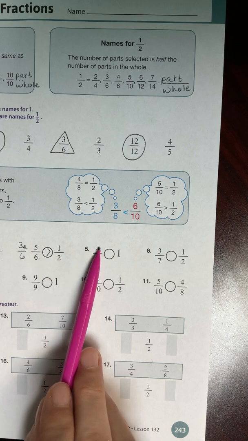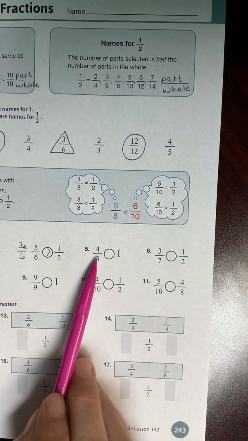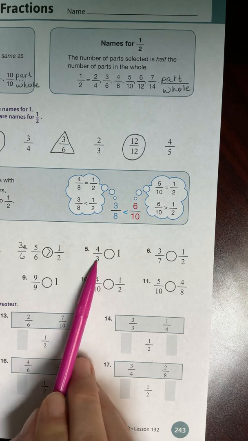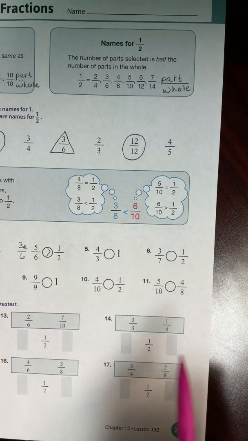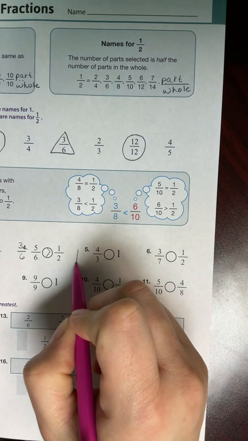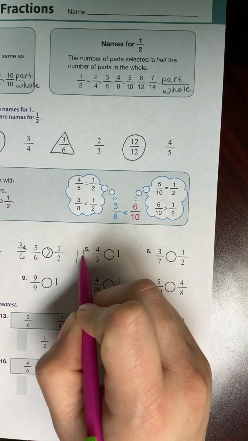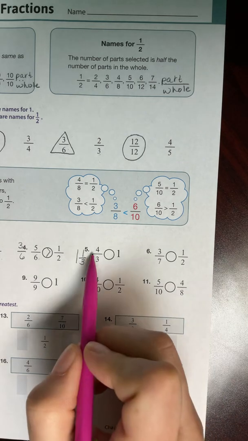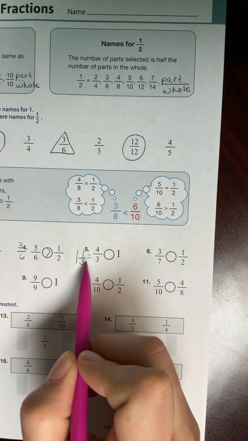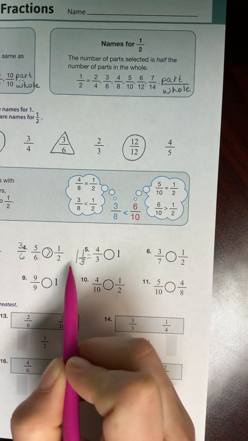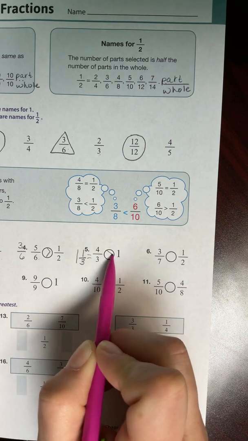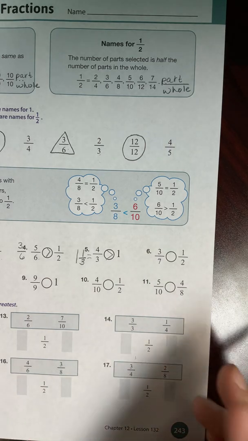So let's divide to make this a mixed number. 4 divided by 3, well, 3 goes into 4 one time, and then I have 1 left over, and we keep the denominator the same. So this is actually equal to 1 1/3. So 1 whole and 1/3 would be greater than 1 whole by itself.